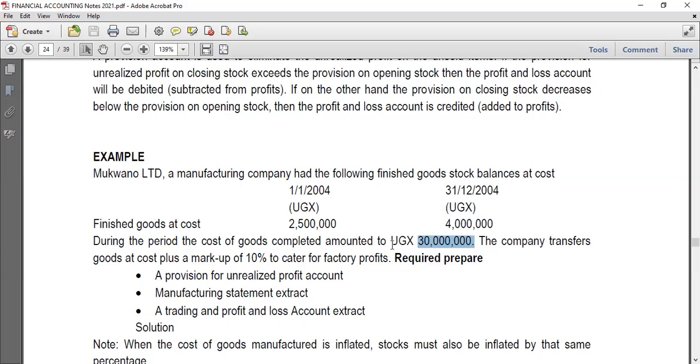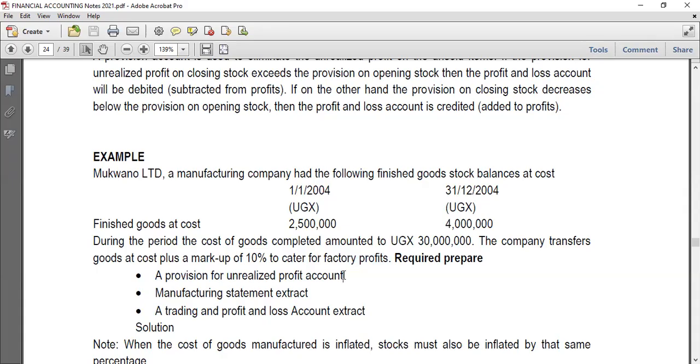So this is what came from our manufacturing account statement, okay? And then you're telling us that the company transfers goods at a markup of 10% to cater for the factory profits. So they're asking us to prepare the provision for unrealized profit account, okay? So ours is very simple.